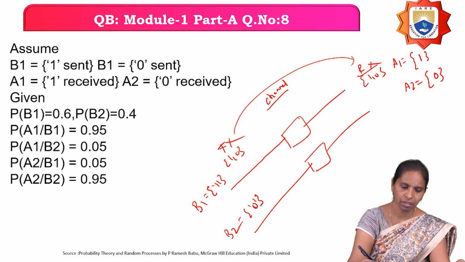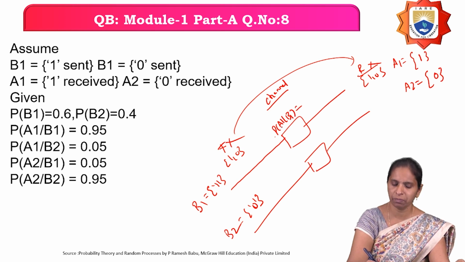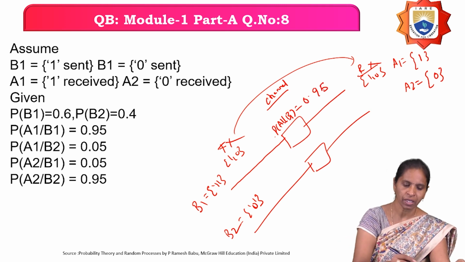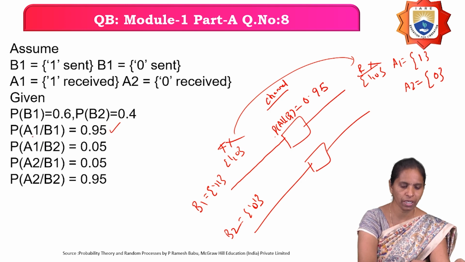And what they have given is P of A1 by B1. What does it mean? The probability of receiving a symbol 1 given that the transmitted symbol is also 1. What is the probability here? 0.95. And they have given P of A1 by B2.